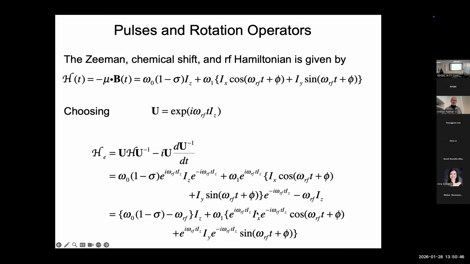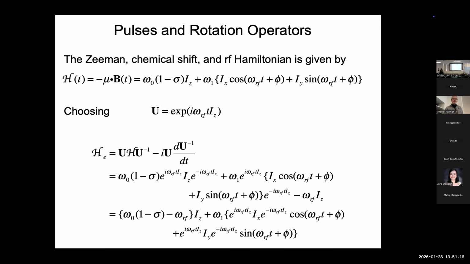Here I have to know how Ix transforms around the z-axis, and how Iy transforms around the z-axis. In my right-handed coordinate system, Ix is going to rotate towards the plus Iy axis, and Iy is going to rotate towards the minus Ix axis, with sine and cosine projections.